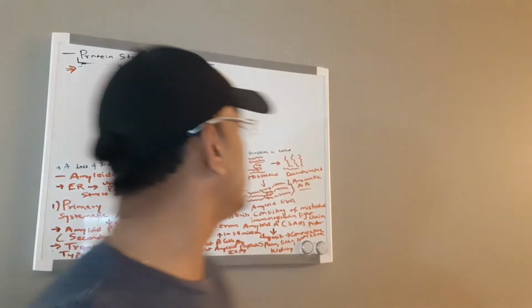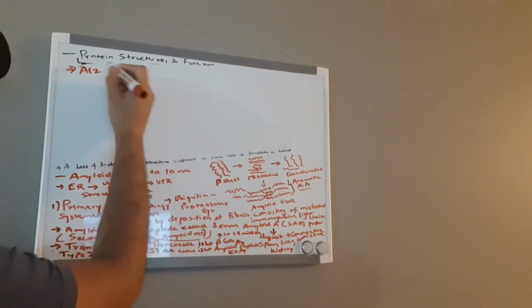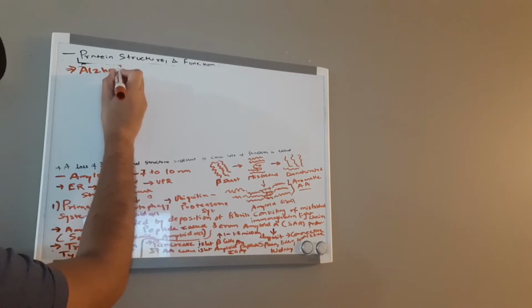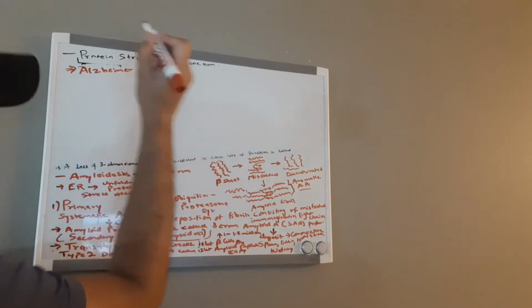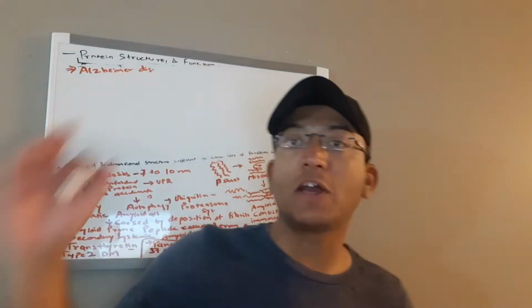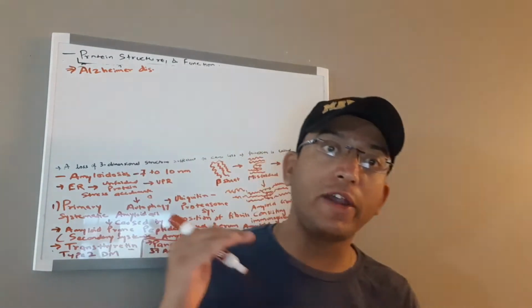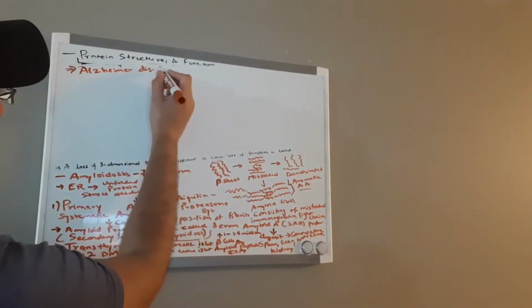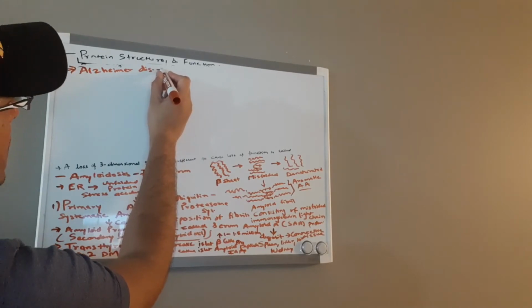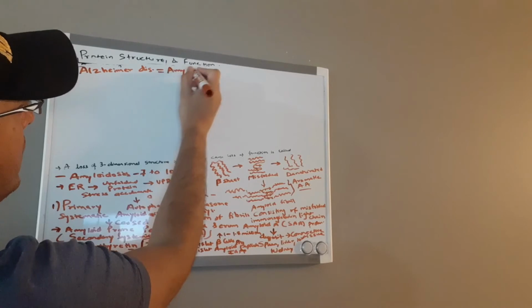A special case is Alzheimer disease, right? This Alzheimer disease is associated with extracellular amyloid deposition by neurons involving the amyloid beta peptide.